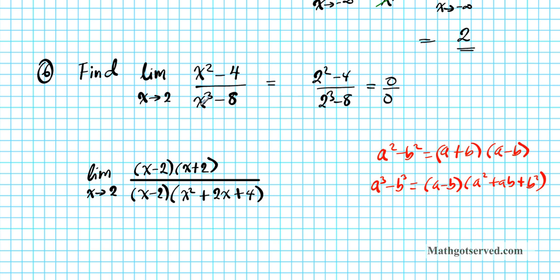Just simply take the cube root of these two terms to figure out what a and b are. So there goes the factored form, and we can see that the factor causing the non-existence of the limit is a removable discontinuity.